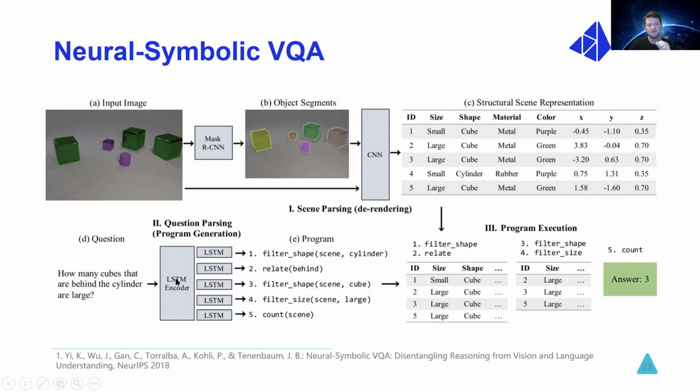The interesting point here is that they used a very interesting approach to train this part. They pre-trained the network in a supervised manner on 300 questions, and then they fine-tuned the encoder with a reinforcement algorithm. So what they did basically is input the question, translate it into a program, apply this program to the scene representation, and then get an answer.